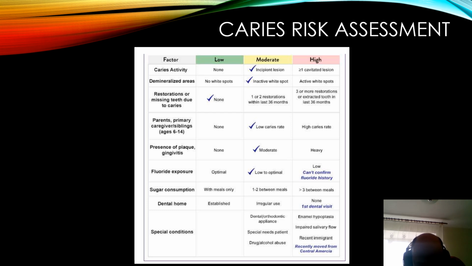Or, for example, sugar consumption. If a person eats sugar only with meals, it means low caries risk. 1 to 2 times between meals, moderate caries risk, and more than 3 times between meals, high caries risk.